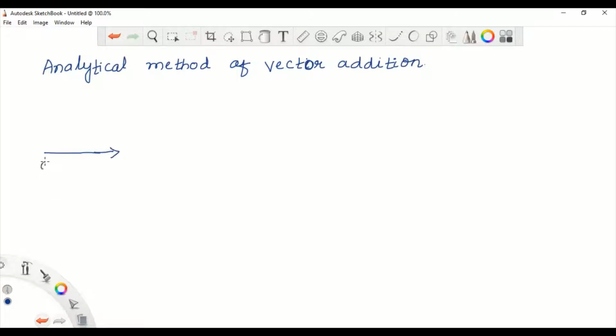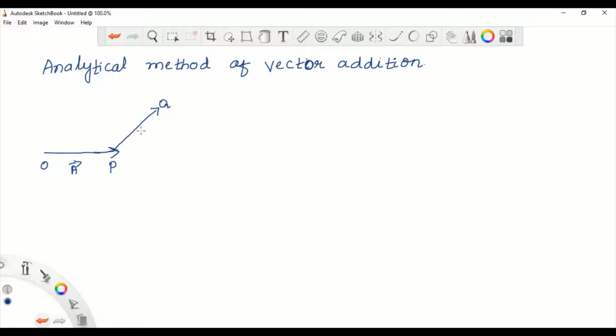So, this is OP, which is our first vector, and we have one more vector, PQ vector.